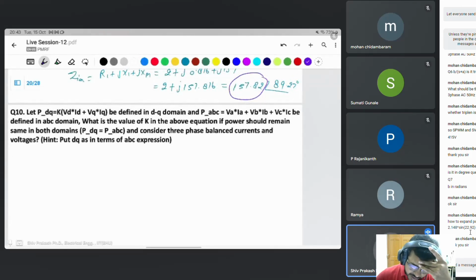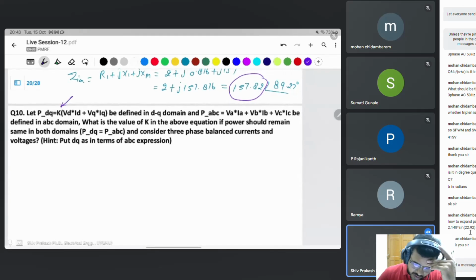Given the P dq form is K Vdq Idq defined in the dq domain, and P abc is Va Ia plus Vb Ib plus Vc Ic, what is the value of K in conversion of the power?